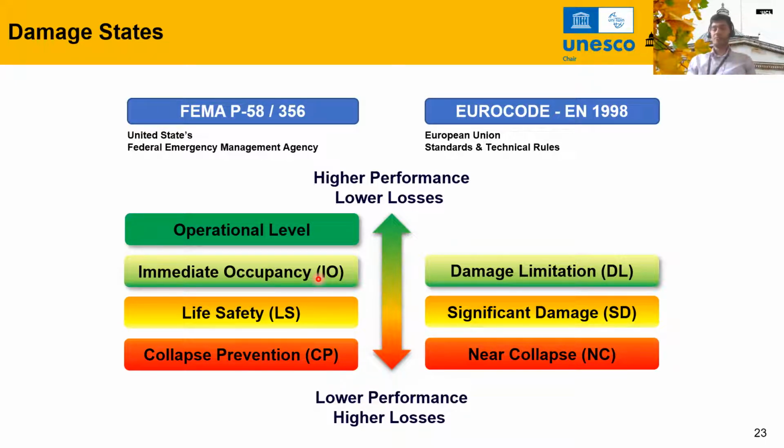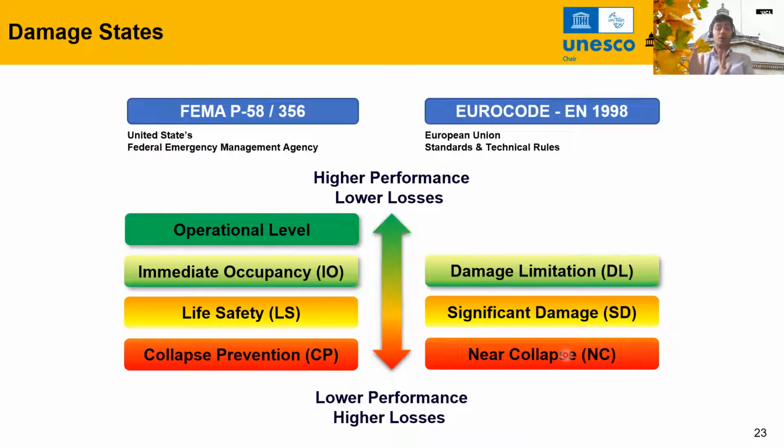Still safe. At the life safety limit, your building has suffered extensive damage. Life is not threatened, but your building is very hard to repair. Now you might need to demolish your building. So that's already an extreme level of damage. Now the collapse prevention limit is equivalent to the near collapse state.